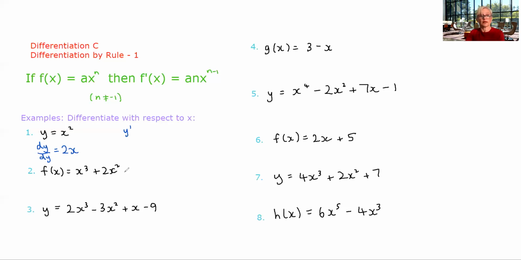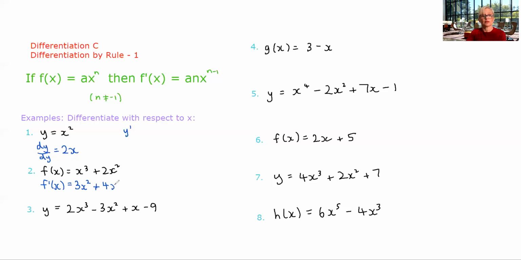Okay, if we've got f of x, so we've got it in function notation, let's write our derivative in function notation. So the rule says we bring our index down as a multiplier and we decrease that by 1. We bring this down as a multiplier, but in this case we've already got a 2 there, so it's going to be 2 times 2, which is 4.